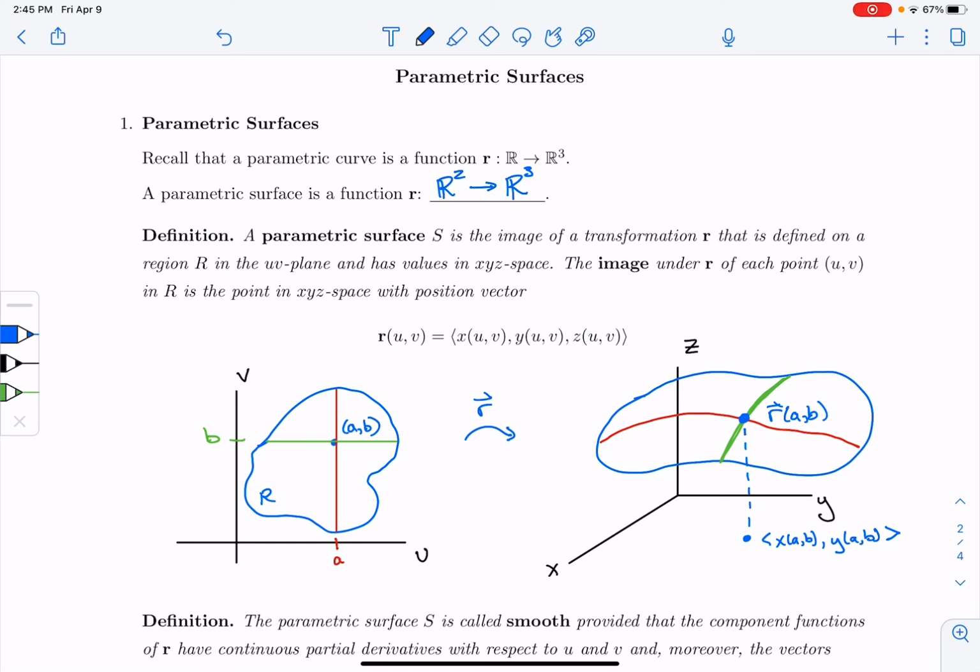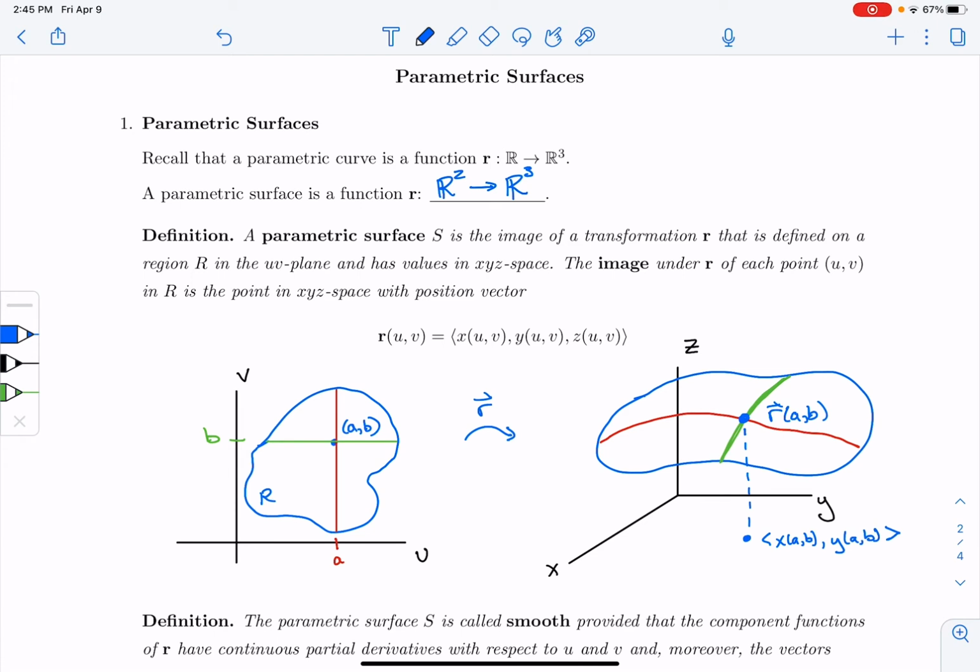So this is a parametric surface, and you can think about it as being a group of parametric curves that are all kind of being linked together. So you can think about the surface as being defined by a collection of parametric curves.